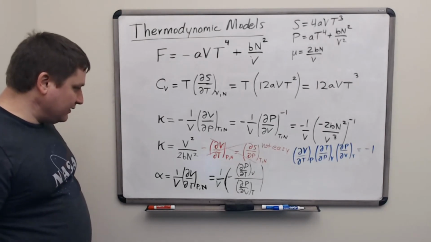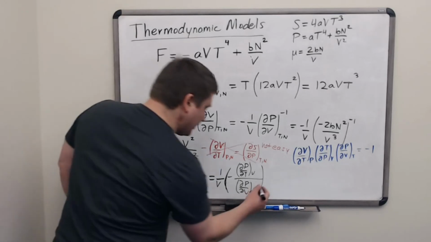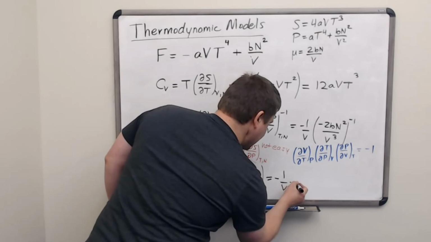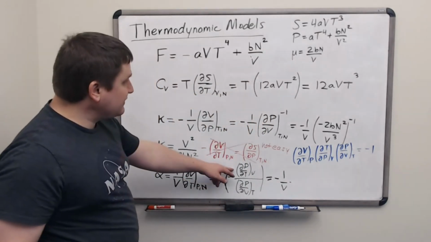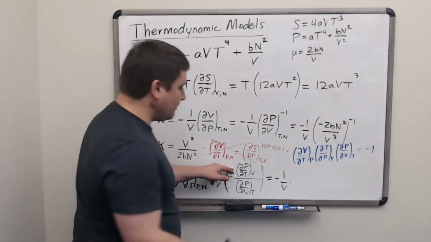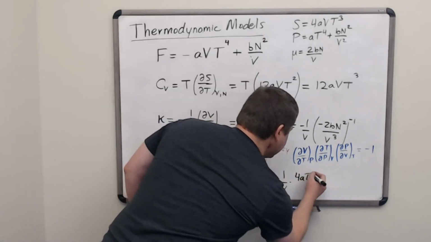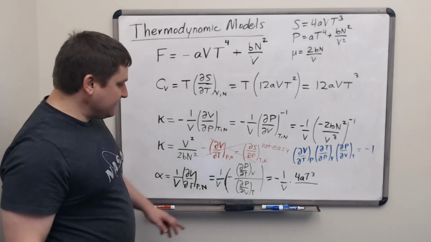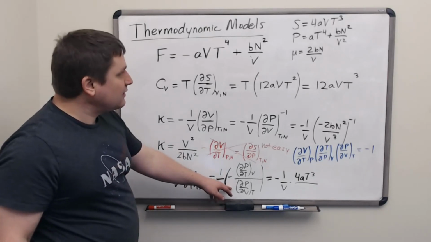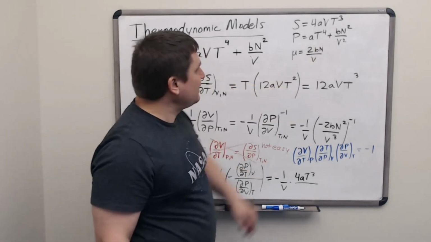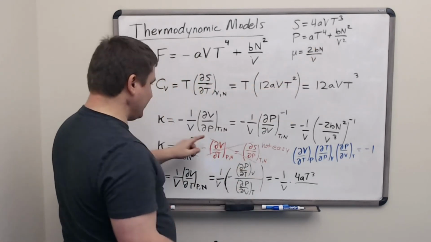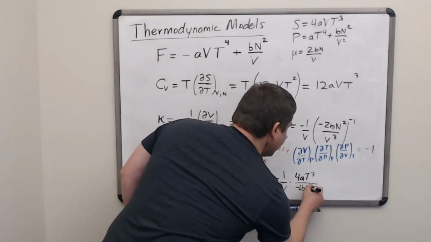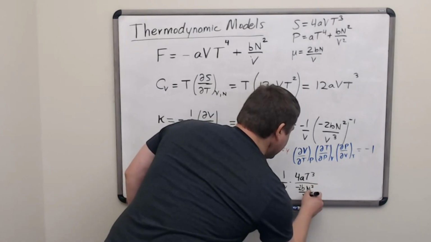Okay, so that one looks like it's going to be pretty easy to work out. So I'll have -1 over V times a fraction. The numerator is dP/dT, so that would be 4aT cubed. And the denominator is dP/dV. And dP/dV we actually already did here, right? So it's -2bN squared over V cubed.